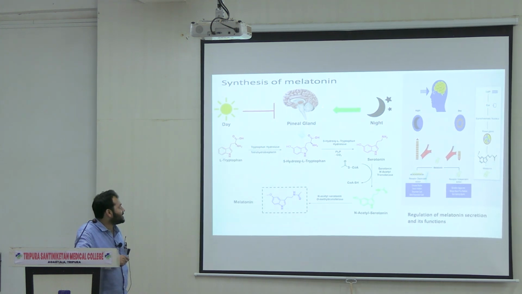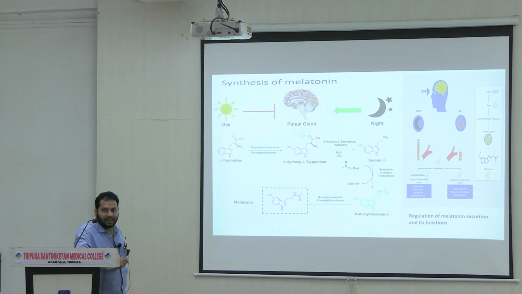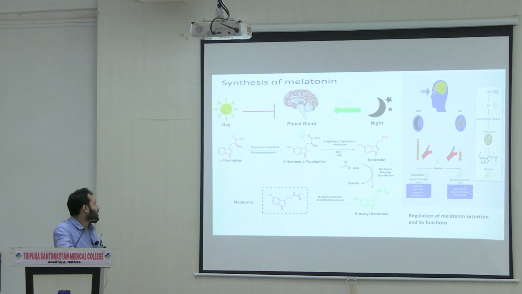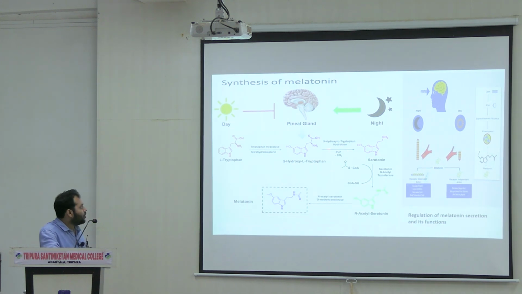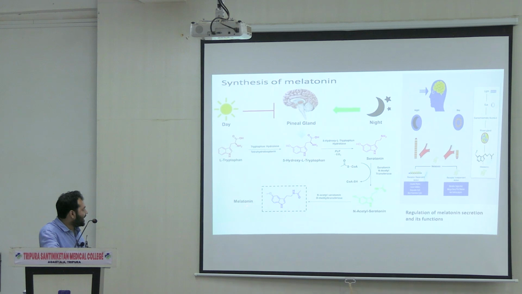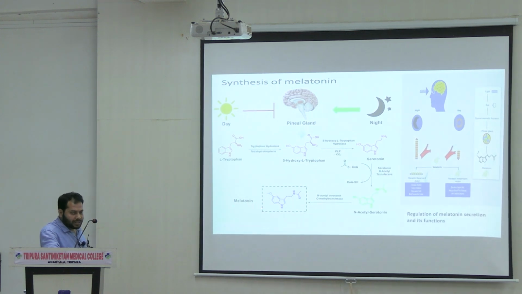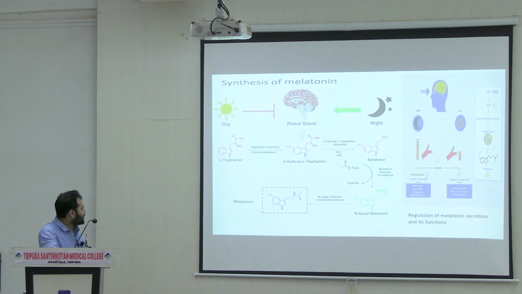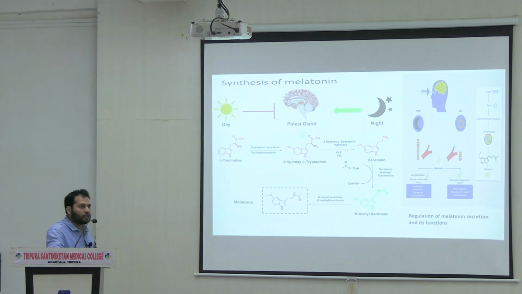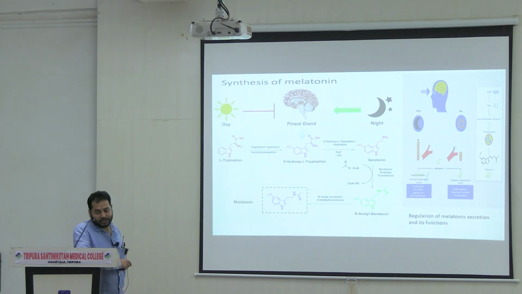See, it stimulates the pineal gland, mainly the cells that are stimulated by dark conditions. And this is the general flow of pineal gland melatonin synthesis. Initially, the most important thing involved in melatonin synthesis is a specific amino acid, tryptophan, right?